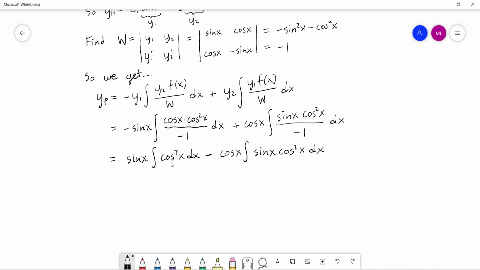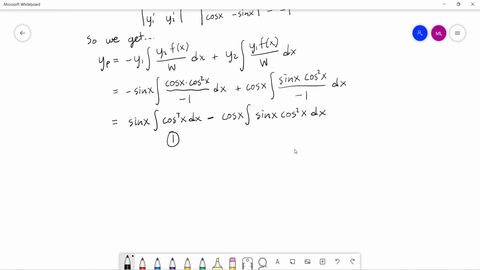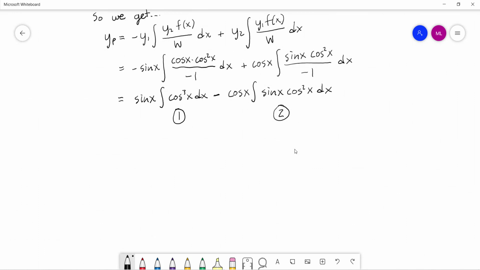This one requires basically a Pythagorean identity to break down, and then we'll do a u substitution. This one right here is already ready for a u substitution. So if we want to treat these two pieces separately, piece 1 and piece 2, let's take a look at them. If we're working on piece 1, I just want the integral of cosine cubed of x.